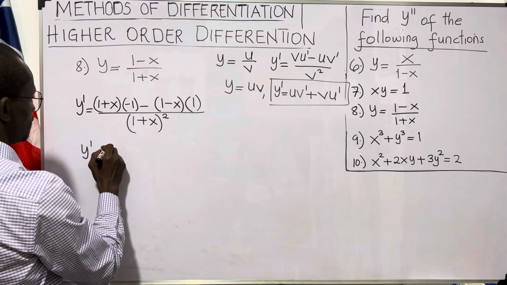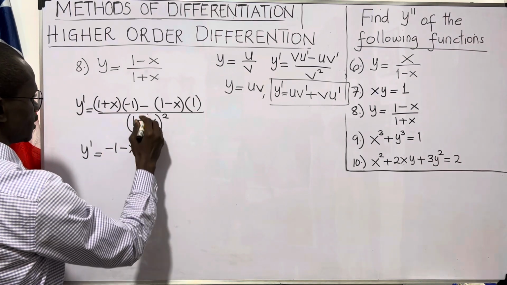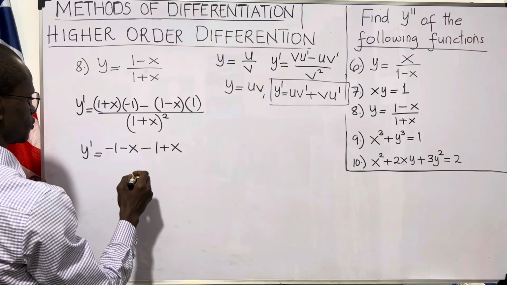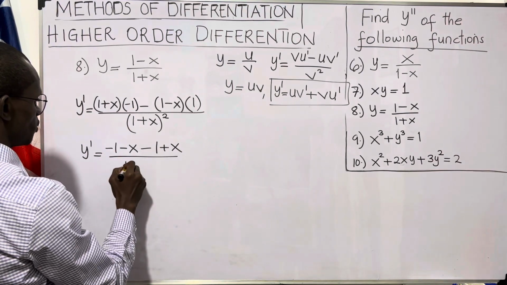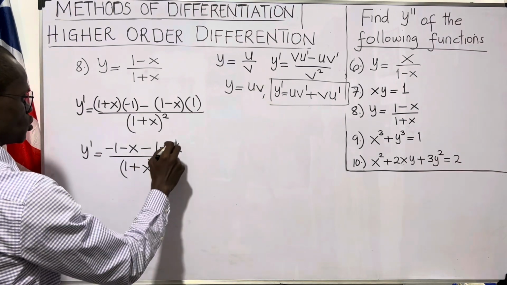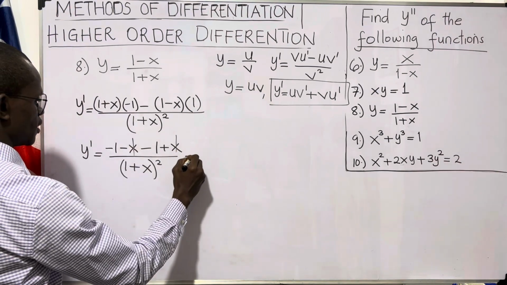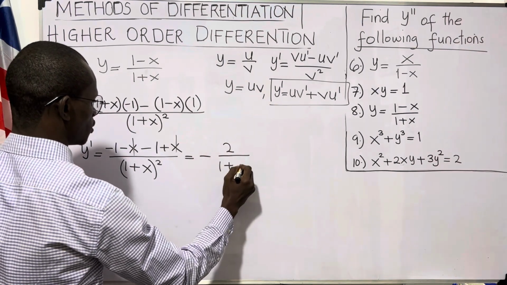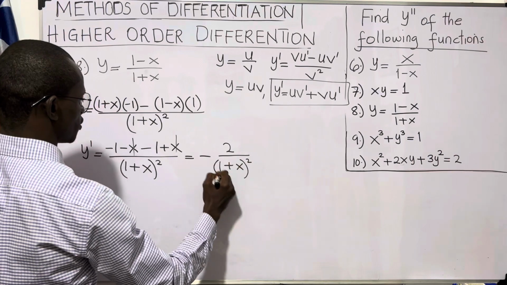So this is minus 1 times 1 plus x, and this is minus 1 minus x, divided by 1 plus x raised to the second power. So this x can cancel this x. We're left with minus 2 all over 1 plus x raised to the second power.